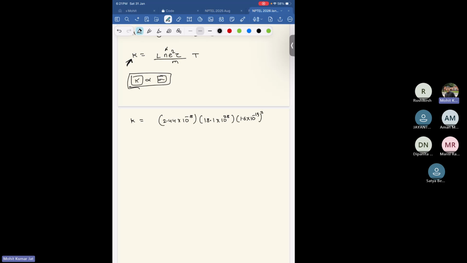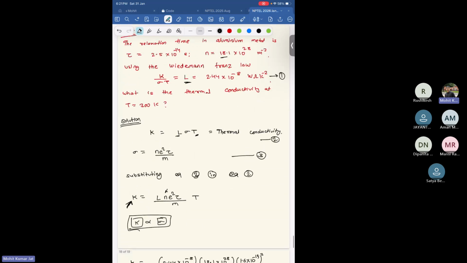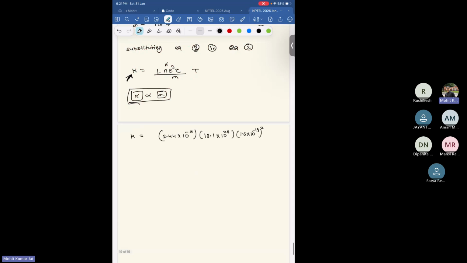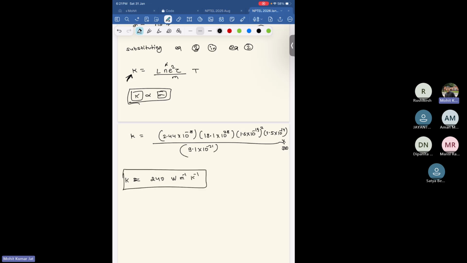Tau is 2.5 into 10 power minus 14, divided by mass, 9.1 into 10 power minus 31 kg, and the total quantity multiplied by temperature, which is 300. It's just a numerical part. So you will get around 240 roughly, in watts per meter per Kelvin.